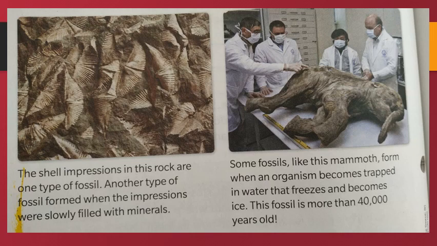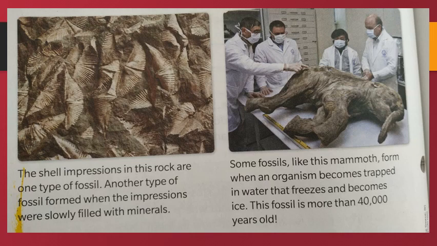Now look at the next picture. Some fossils like this mammoth form when an organism becomes trapped in water. This particular organism was trapped in water, which froze and became ice. This fossil is more than 40,000 years old.